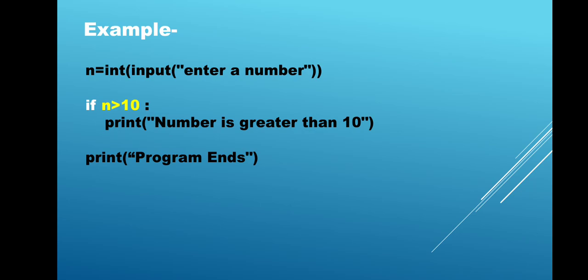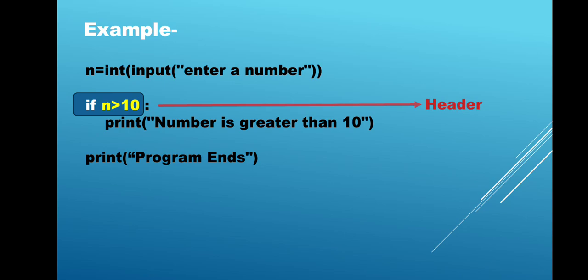Let us understand if statement more clearly through an example. In this, first of all, a number is taken as input from the user. Then there comes the if header. As you can see, the header is starting with the keyword if, and after if a condition is placed.